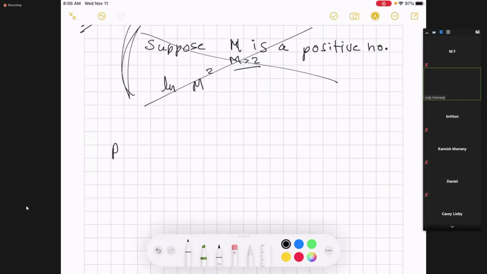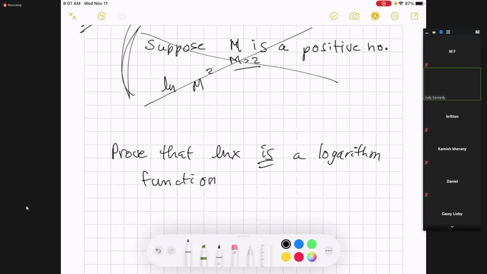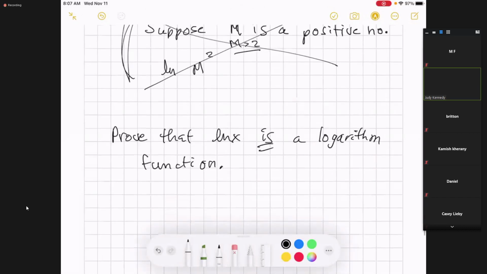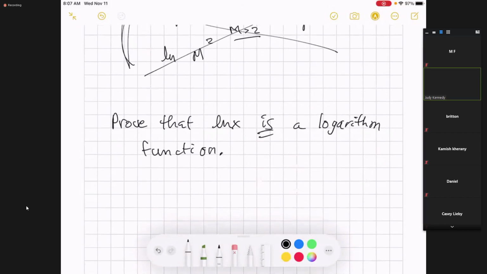All right, let's prove that ln of x is a logarithm function. I know you've seen logarithm functions before, but what makes a function f of x a logarithm function?